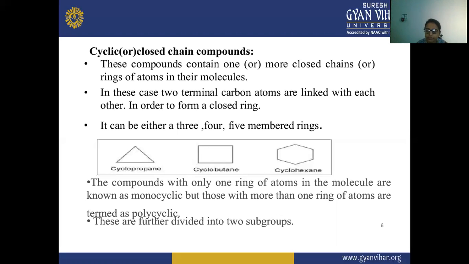It can be a 3-, 4-, or 5-membered ring. For example, cyclopropane contains a 3-membered ring, in which the 3 carbon atoms are linked with each other, forming a closed chain. Next is cyclobutane, a 4-membered ring, whose terminal carbon atoms are linked to form a closed chain.